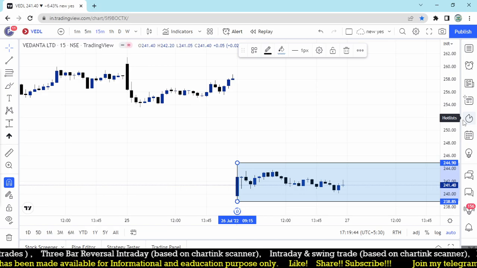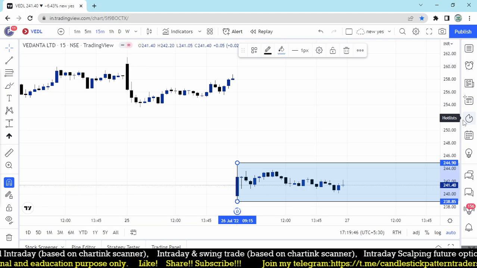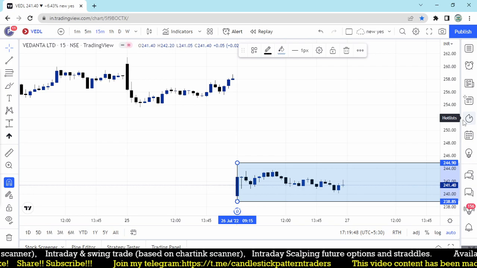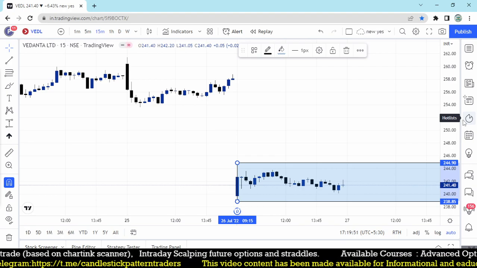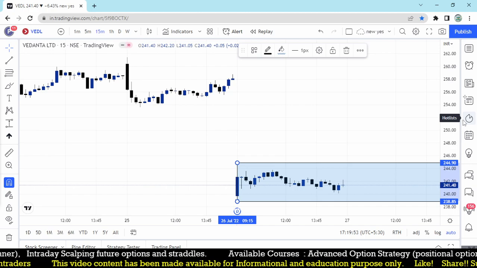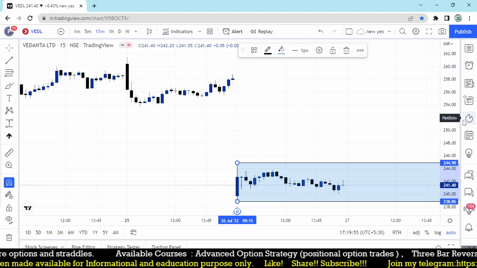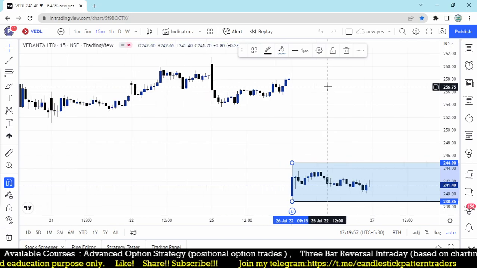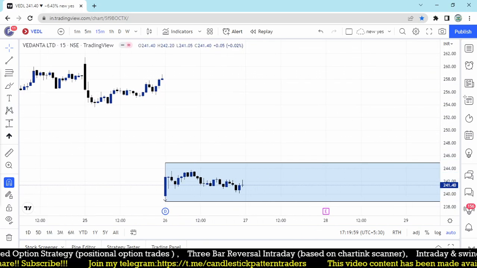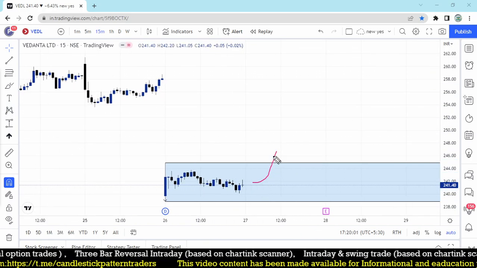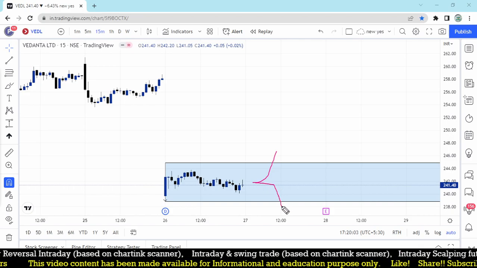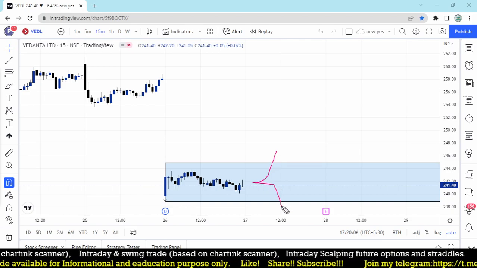This level was never broken till 3:30. So there is a chance tomorrow for a breakout or a breakdown, maybe also used for quick scalping profit.